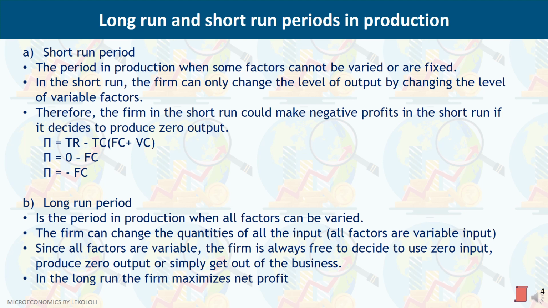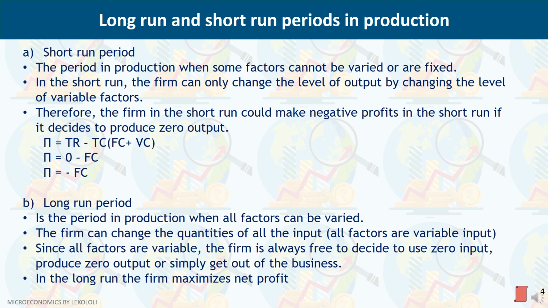They can acquire new land, construct buildings, purchase machinery, hire more labor, and make various adjustments to meet their production goals. In the long run, the primary goal of a farm is to maximize net profit, considering the flexibility to adjust all input factors as needed.